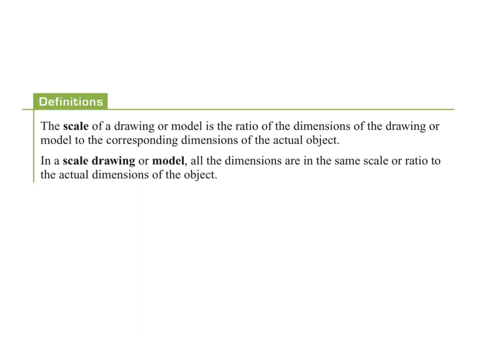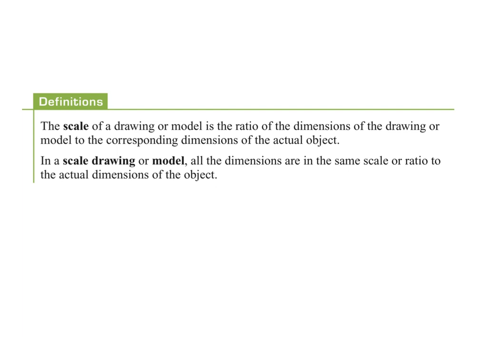Page 108 talks about scale drawings. If you've ever seen a scale model of something, if it's truly a scale model, then they have measured it specifically with the real measurements, and they have converted it into scale measurements, all right? So a scale drawing is really just a ratio.